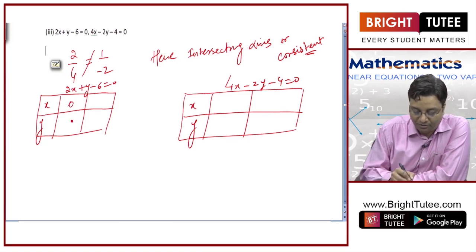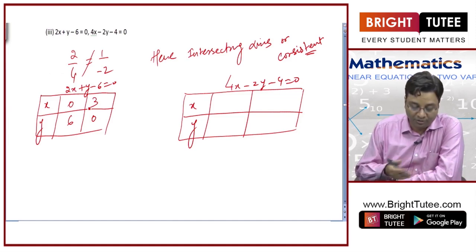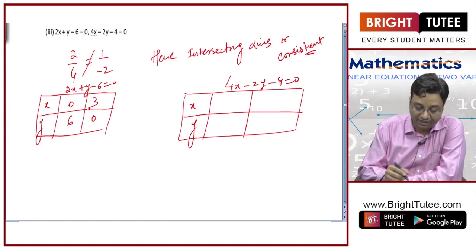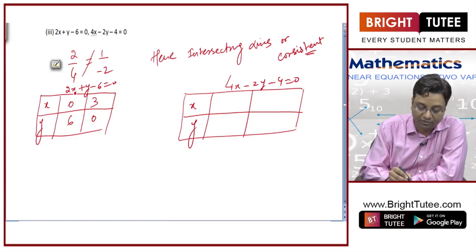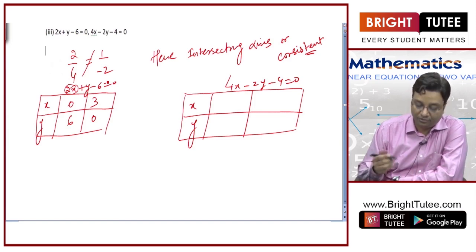So y will be equal to 6, right? If I put value of y as 0, x will be equal to 3. I hope you understand this by now, how I am getting these values. I put x equal to 0 in this equation, so this part becomes 0. So y minus 6 equal to 0 will make it y equal to 6, and so on.